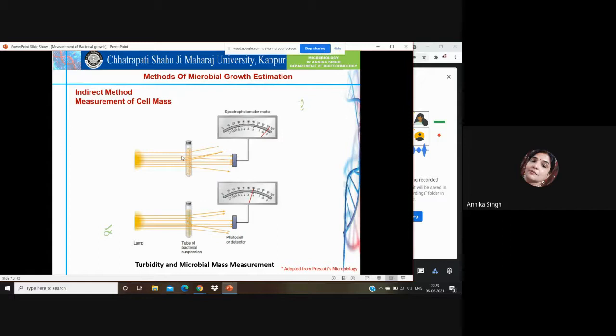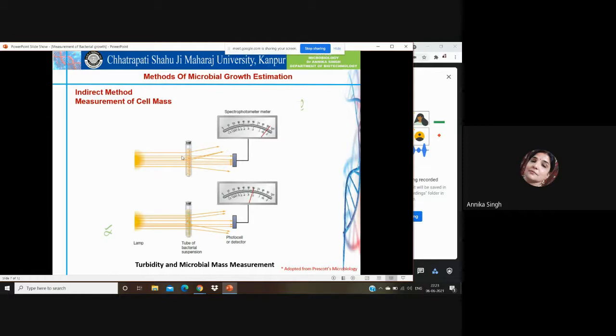Another way, in the case of photosynthetic bacteria, particularly phototrophic cyanobacterial populations, is to estimate the chlorophyll amount, which directly correlates with the number of cells.